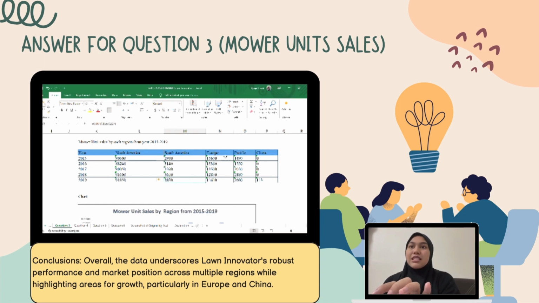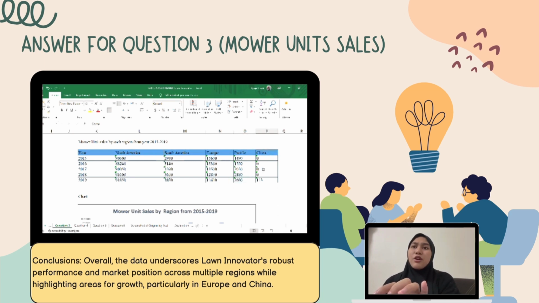In Europe, sales fluctuate slightly but maintain a relatively stable range, with a peak of 15,600 units in 2015. The Pacific region demonstrates gradual growth from 1,419 units in 2015 to 2,600 units in 2019.